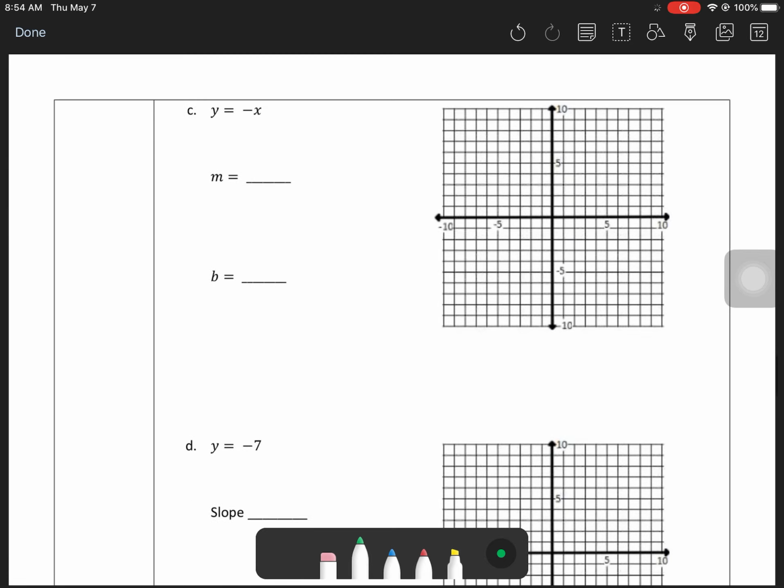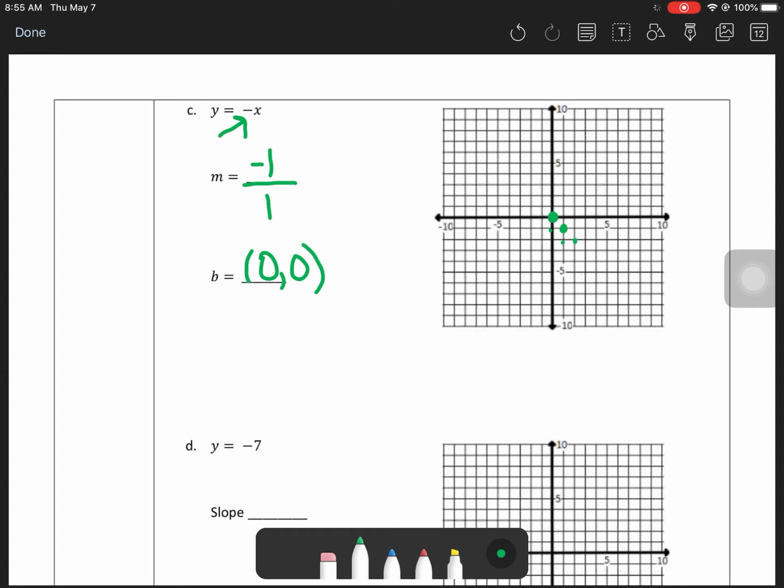All right, let's do another one. So the number in front of the x, even though it's not written, is negative 1. And when it's a whole number, we always have a denominator of 1. And there's nothing after the x, so that means our y-intercept is at (0, 0), which is the origin. So from that (0, 0) point, we're going to go down one box and over one box.